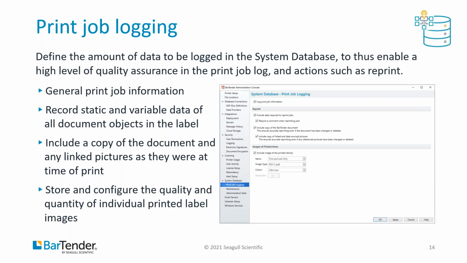Of course, if you choose the option to record all labels that were printed, and you're printing thousands and thousands of labels, then that can result very quickly in high disk utilization with the amount of data that's stored in the system database.